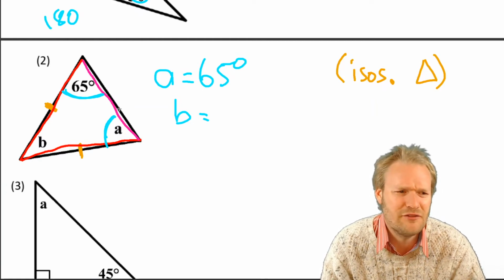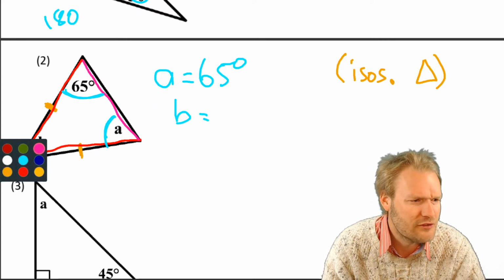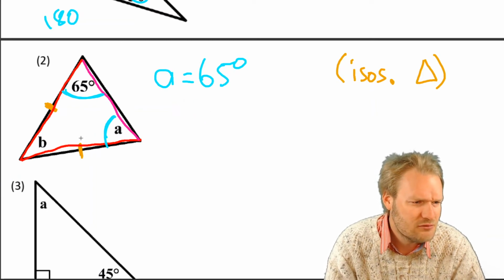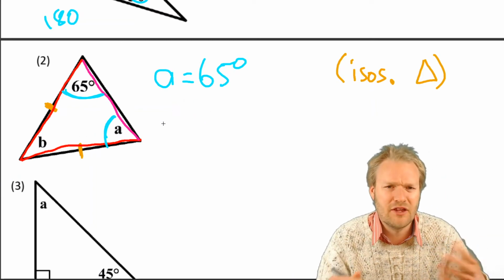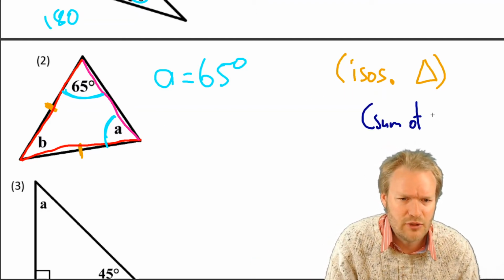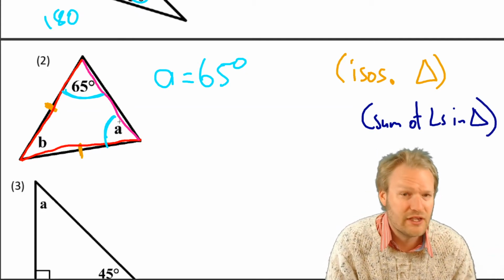Now it looks like the first question. We've got two angles and we need to find a third angle. So for our third angle, B, I'm going to rub out this bit and say we're going to be adding up all of them and getting to 180 again. So our reason is we're summing the angles in the triangle. And our statement is, if we add these three, we get 180.